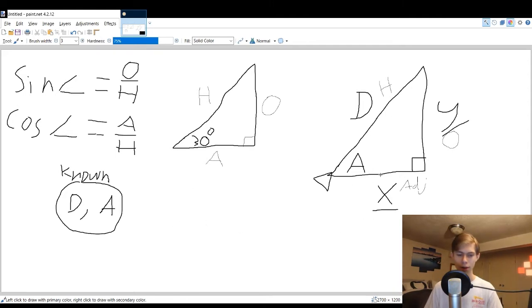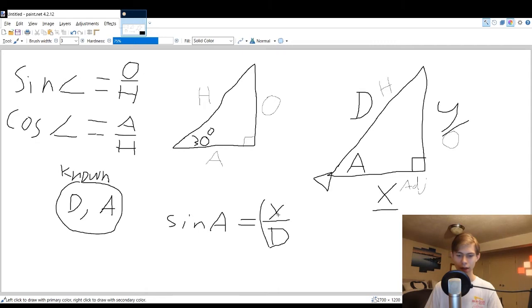If we solve for y, we'll pick sine since that deals with the opposite side. So the sine of A is going to be equal to the opposite side, so that'd be y, over the hypotenuse, so that'd be d.